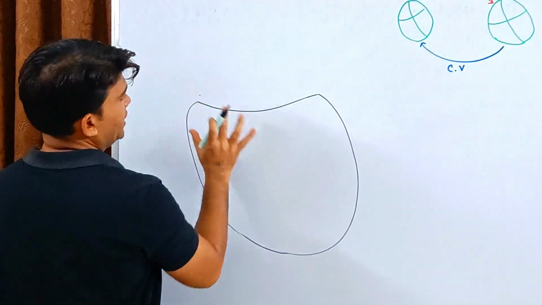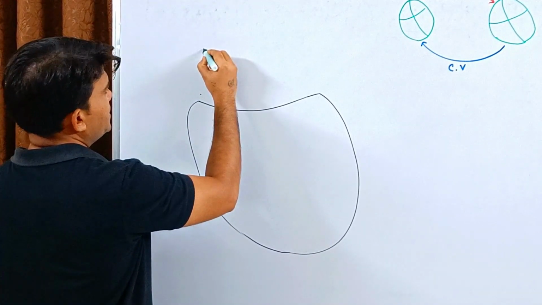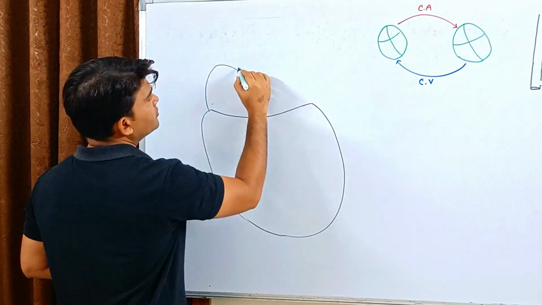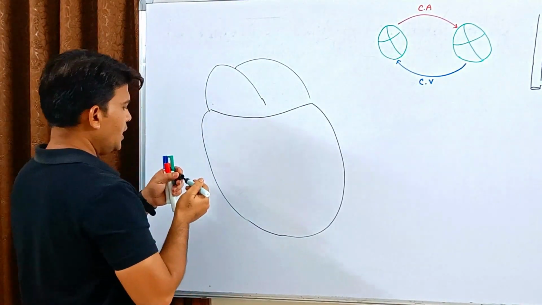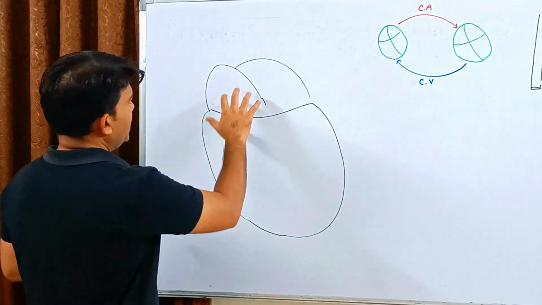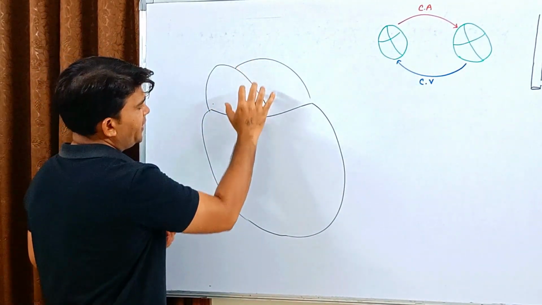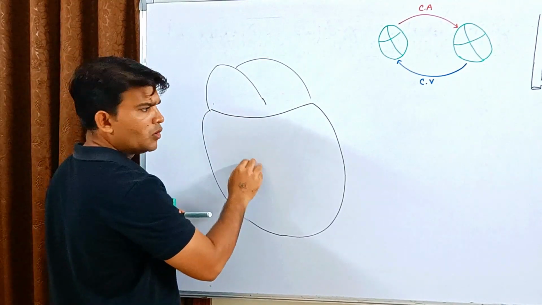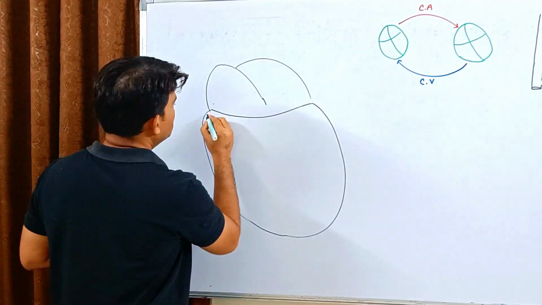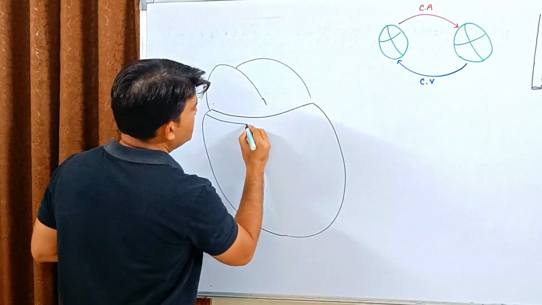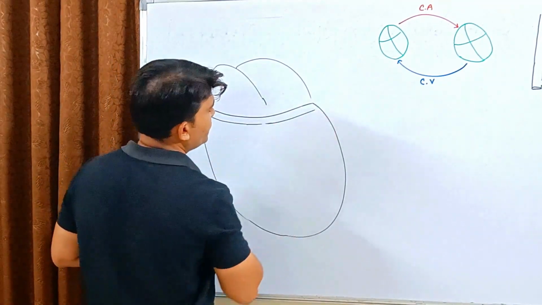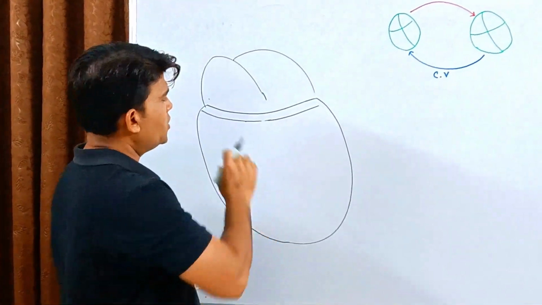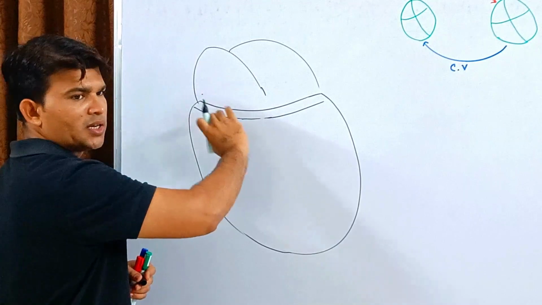So here these are the ventricles and these are the atria. And there is a groove in between atria and ventricle. That groove is called the atrioventricular groove, otherwise the horizontal groove, right? Coronary artery runs in this groove, or sulcus, the horizontal sulcus, or atrioventricular sulcus.